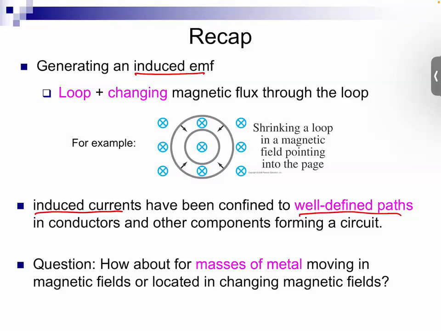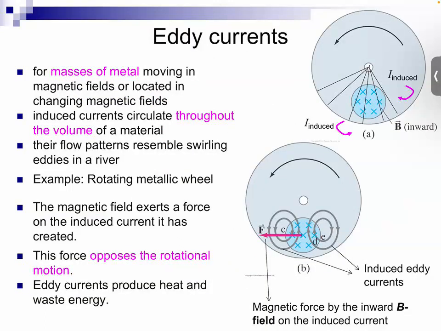Now the question is, can we also generate a current if we make a metal move in a magnetic field region? Like this scenario here, you have a metal plate that's rotating in this direction as indicated, and the metal plate crosses some region with magnetic field.